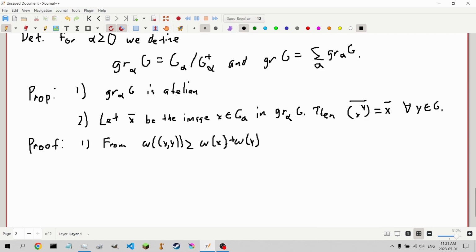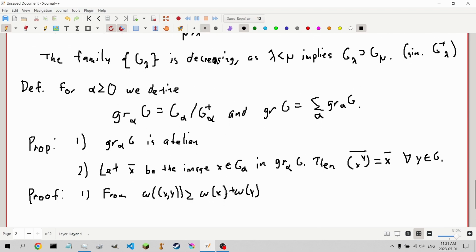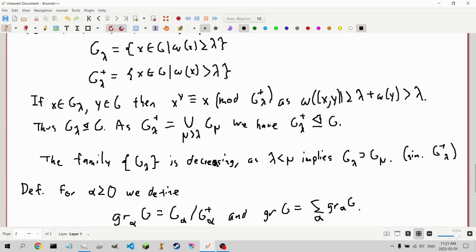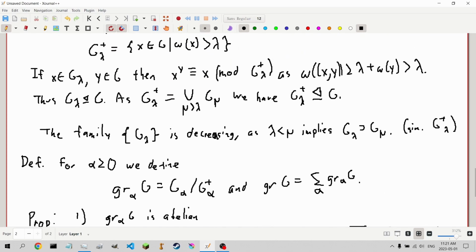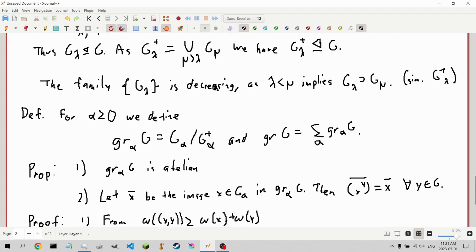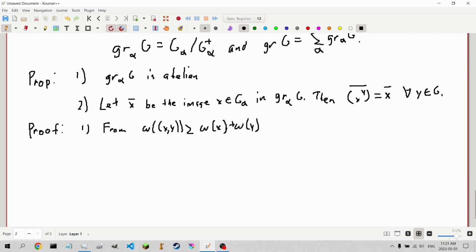And element 2 is just based off of, we have here that x to the y equals x mod g plus lambda, and that's literally what number 2 is here, so that we've already covered. I'm just going to make a little note for myself here.